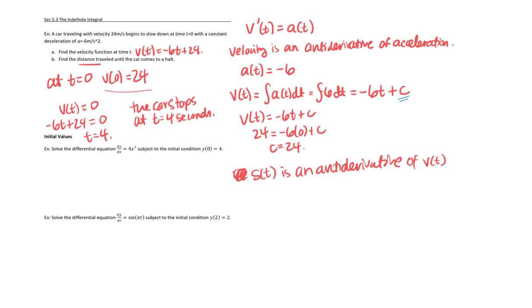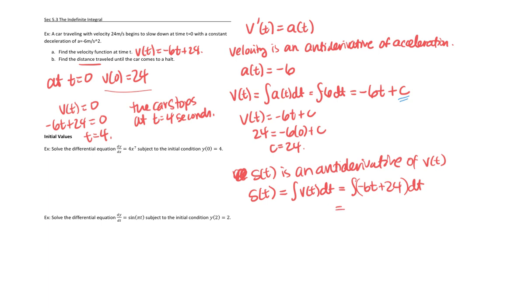So that means that position is an antiderivative of velocity. So my s of t should be equal to an antiderivative of v of t dt. Well, I have a function for v of t now. So that's going to be an antiderivative of -6t plus 24 dt.